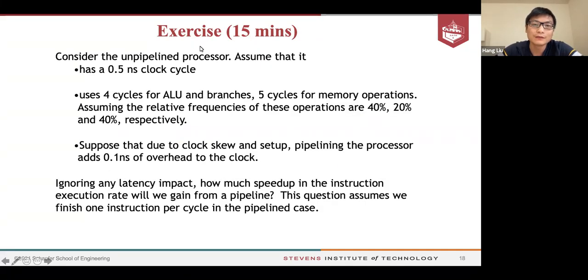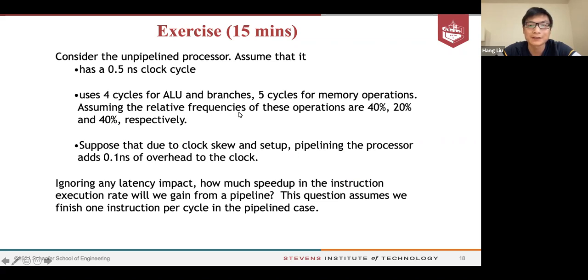Okay, so why don't you use 15 minutes to understand how the pipelining gives you better performance? Consider the uni-pipeline processor. Assume that it has a 0.5 nanosecond clock cycle, uses 4 cycles for ALU and branches, and 5 cycles for memory access.